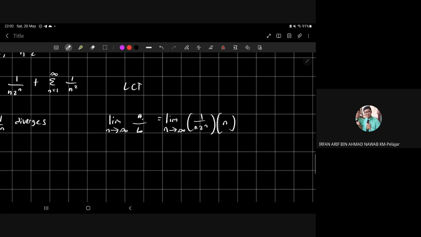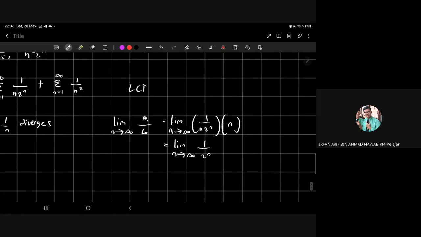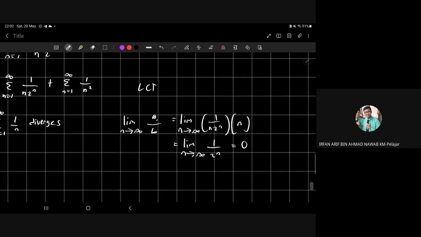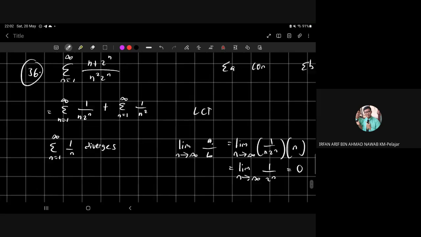We're left with the limit as n approaches infinity of 1 over 2 to the power of n, which is equal to 0. But we know it fails again. It's equal to 0, which converges, but 1 over n diverges.